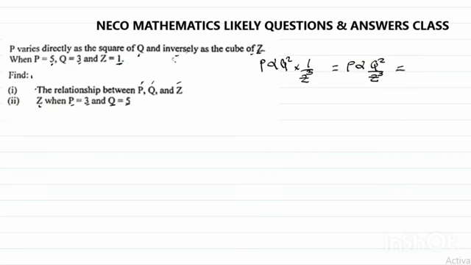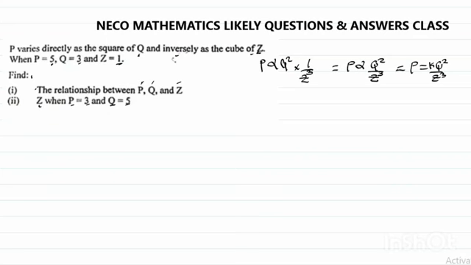Therefore we have P equal to K multiplied by Q with power of 2 divided by Z with power of 3. Now the question says that P is equal to 5, Q is equal to 3, and Z is equal to 1.